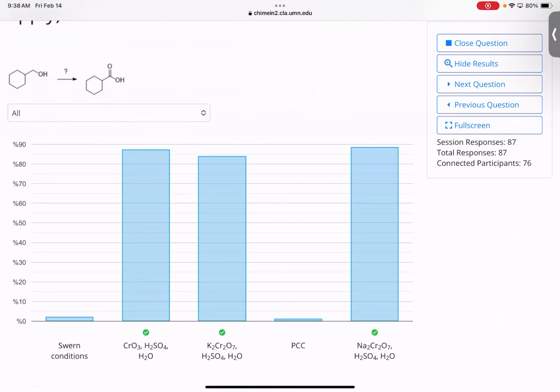If we have no water, we're not going to turn into the carboxylic acid. PCC, if you wanted to know, is pyridinium chlorochromate. I know acronyms are really frustrating to students. And pyridinium is a very weak acid.